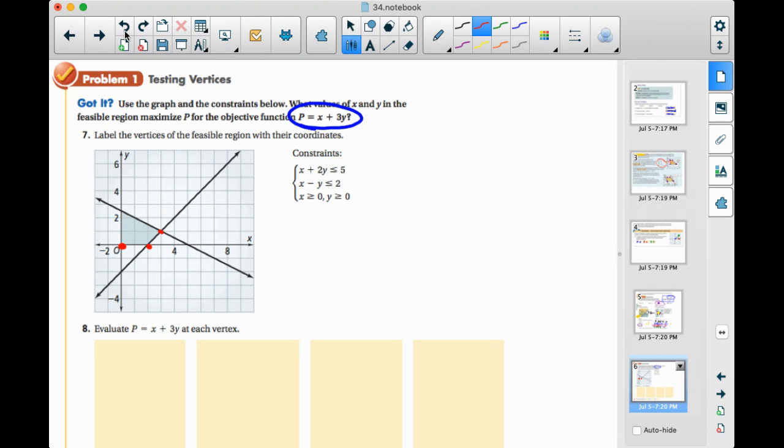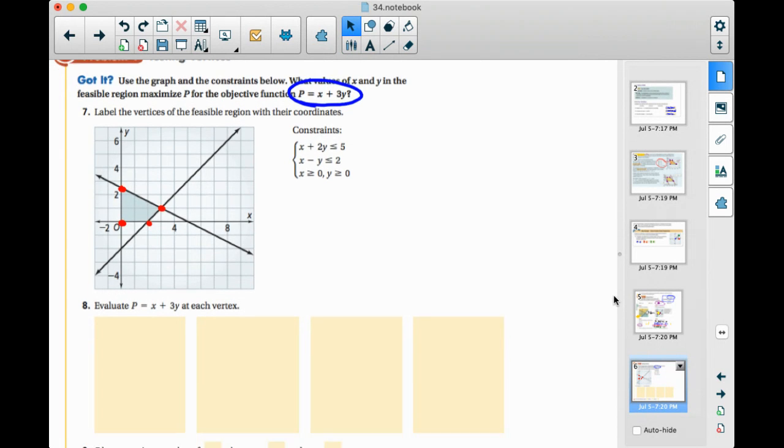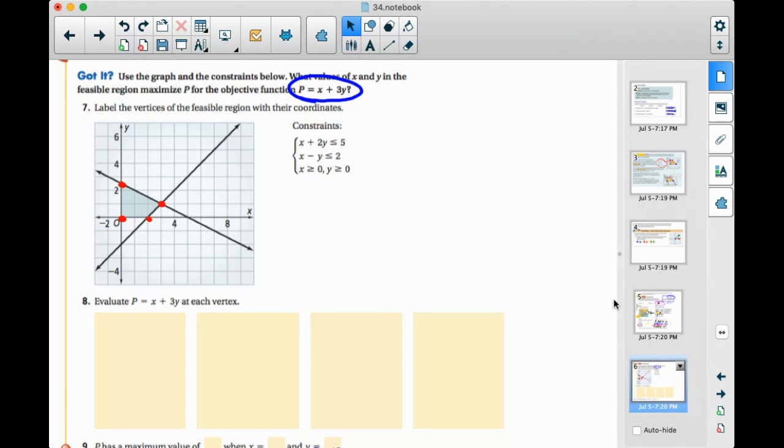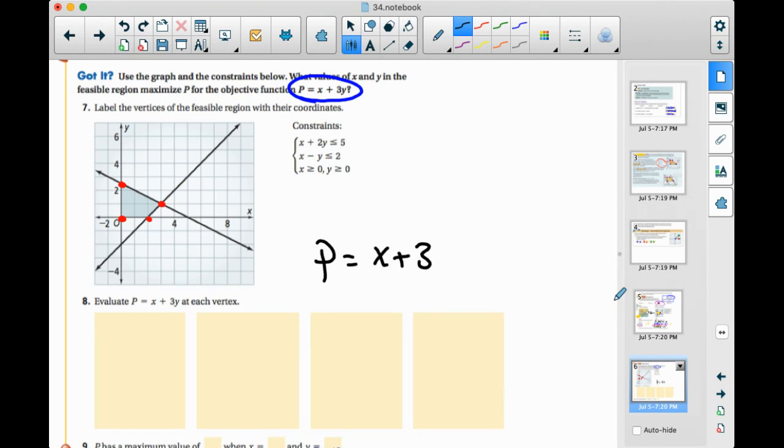There are my 4 boundary points. With those 4 boundary points, let's check each one with the objective function, which again is P equals x plus 3y.